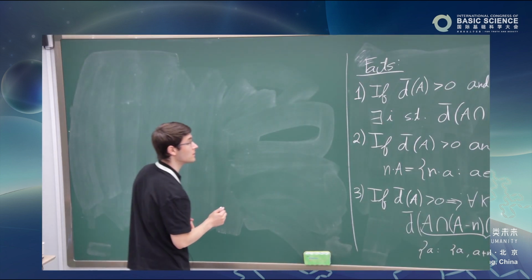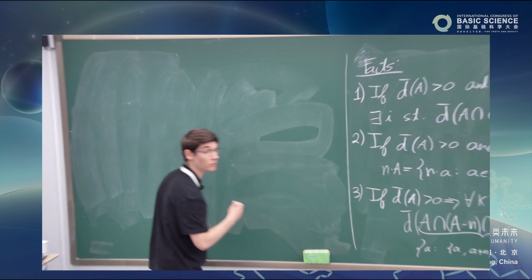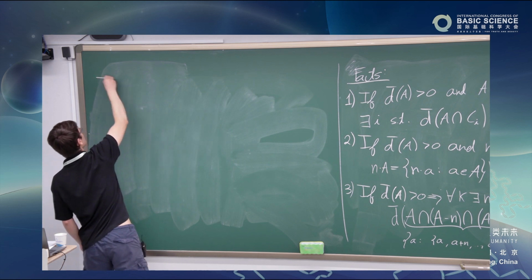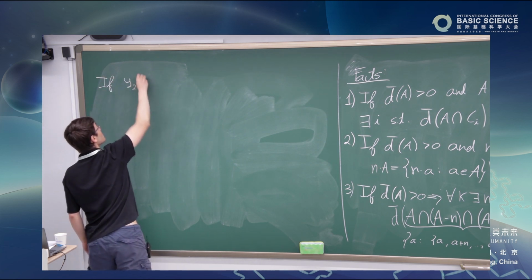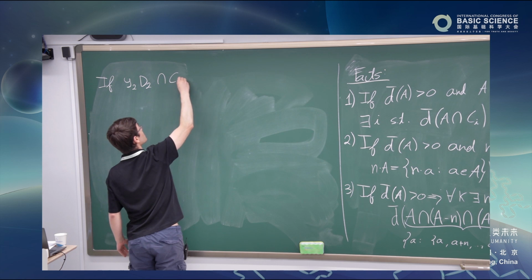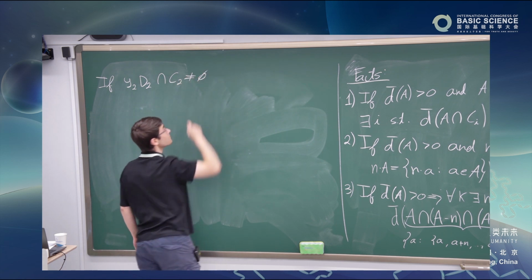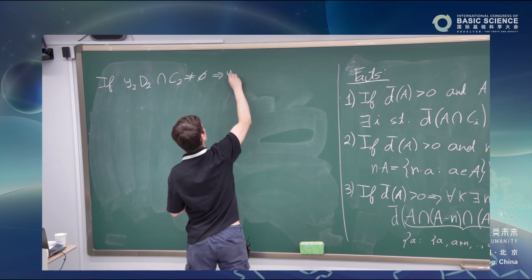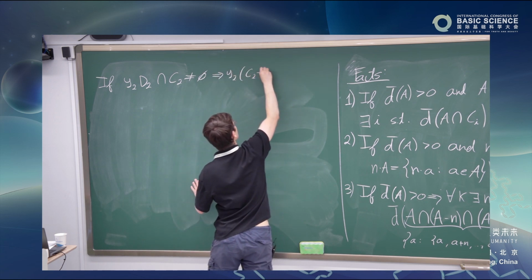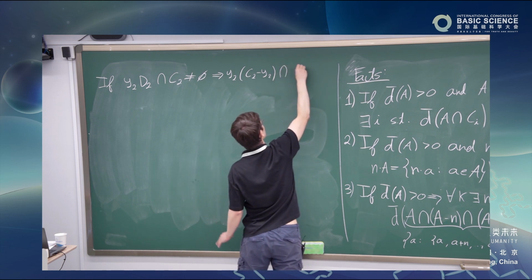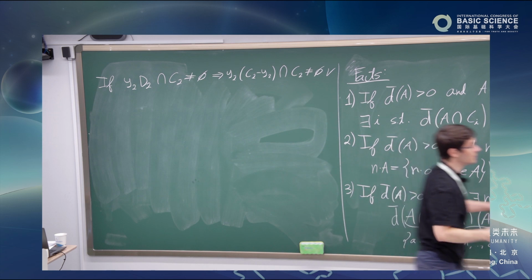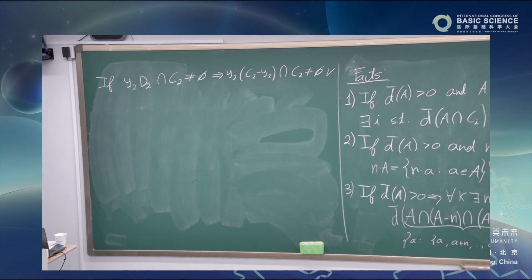Okay, so now a few things can happen. I want to multiply that set D2 by y2 again. So case one: if y2 D2 has non-empty intersection with the color C2, then I'm happy. This implies that y2 C2 minus y2 has non-empty intersection with C2. So I'm in the situation of 1.